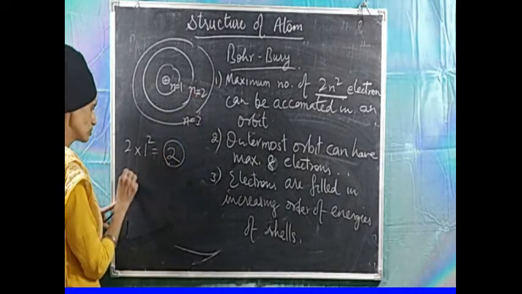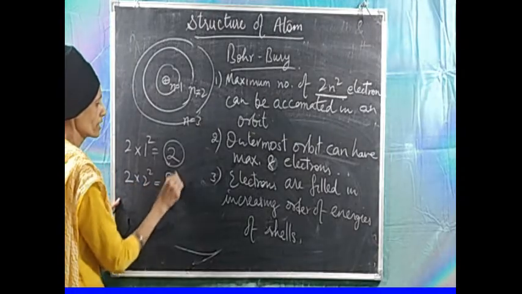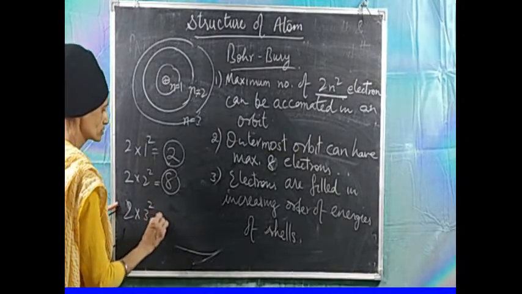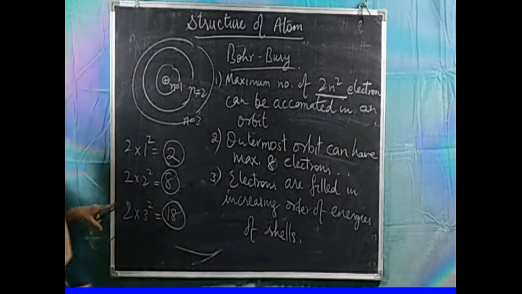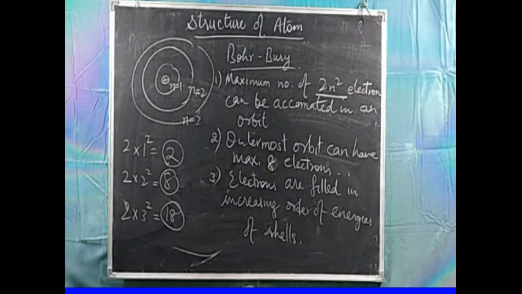Then for n equal to 2, 2 into 2 square, 8 electrons. Then for the third, 2 into 3 square, 18 electrons. So in this order, the maximum number of electrons that can be accommodated is given by the 2n square rule.